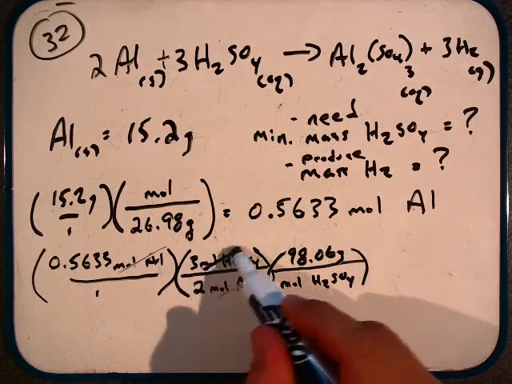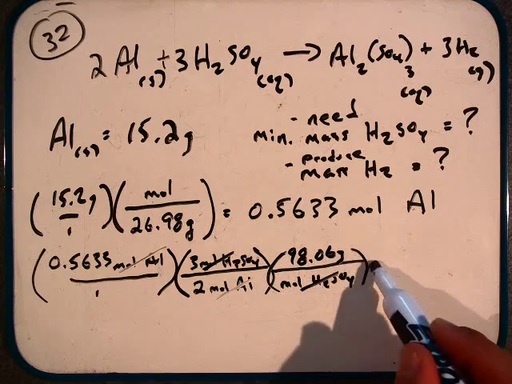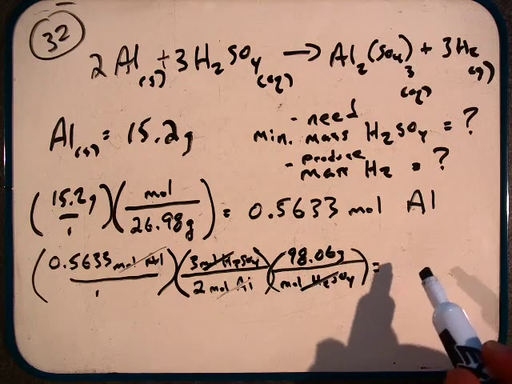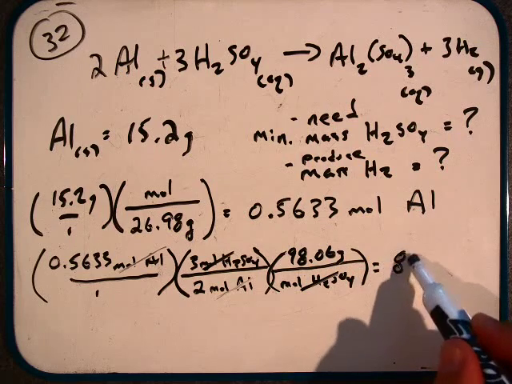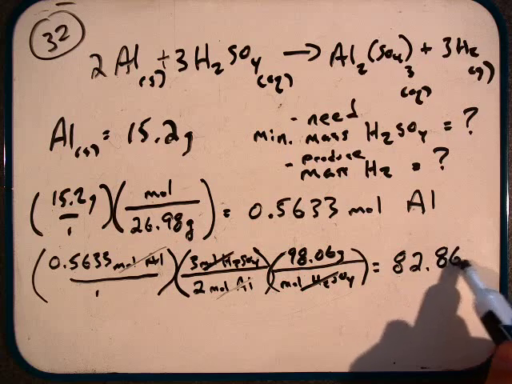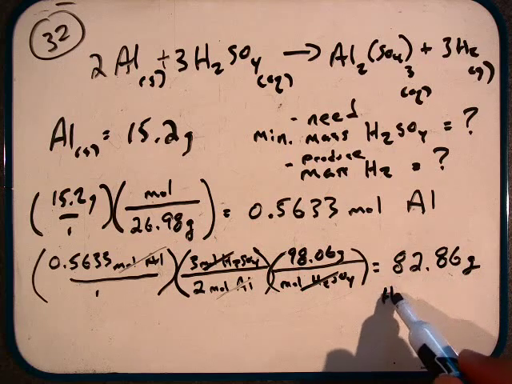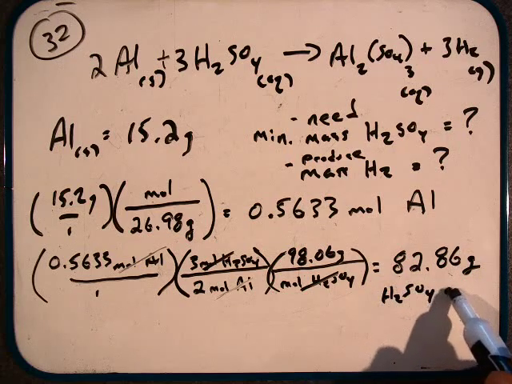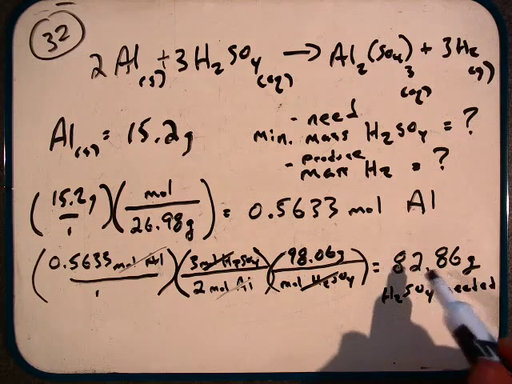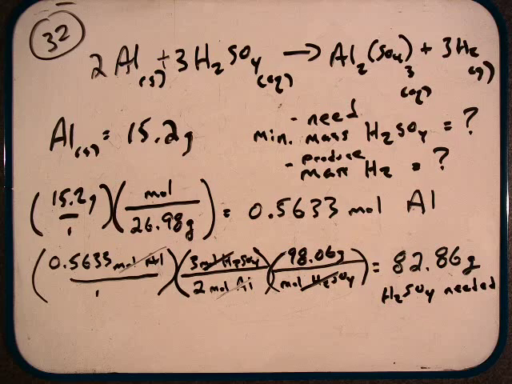And so now we can get out of moles of sulfuric acid and get into grams of sulfuric acid and answer the first part of the question, which is we would need 82.86 grams of sulfuric acid. And we need that in order to dissolve the 15.2 grams of aluminum. So that's the first part.